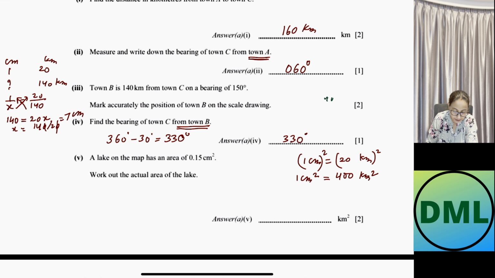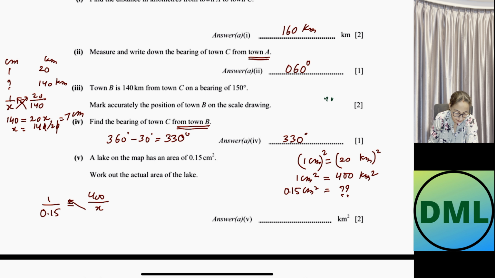I have to convert 0.15 centimeter square. 0.15 centimeter square is how many kilometers square? I will do it in ratio form. 1 divided by 0.15 is equal to 400 divided by x.